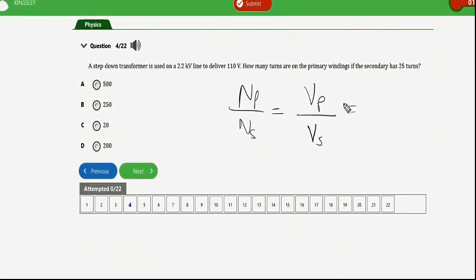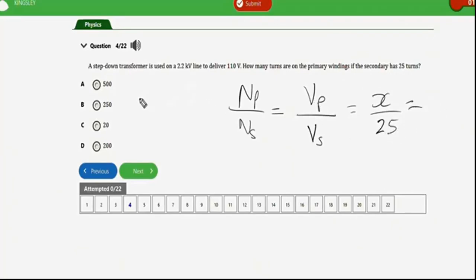Alright, so for this question, we ask how many turns are on the primary readings. So we're looking for the number of primary turns, NP, let's call it X, equals NS, which is, if the secondary has 25 turns, 25, equals, now our VP is 2.2 kilovolts.